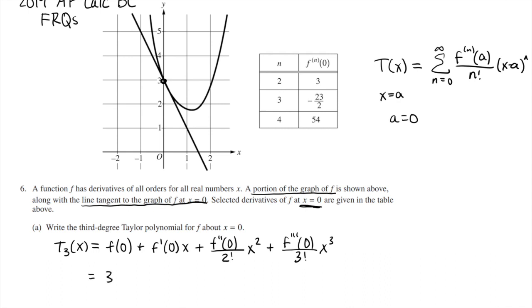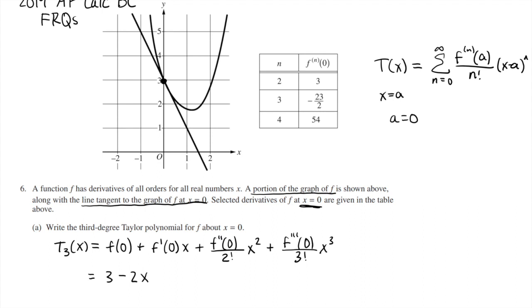So 3. The derivative at 0, remember that's the slope of the tangent line. Luckily they give me the tangent line, so I can find the slope of it, right? From this point here, we go down 2 over 1. So that looks to me like a slope of -2. So this is going to be -2x.